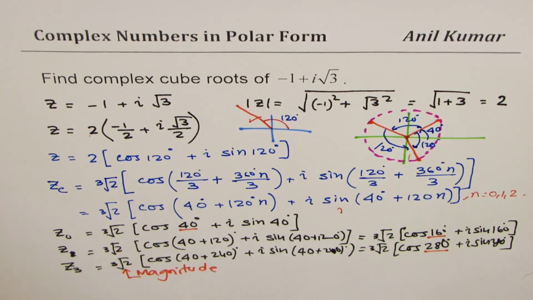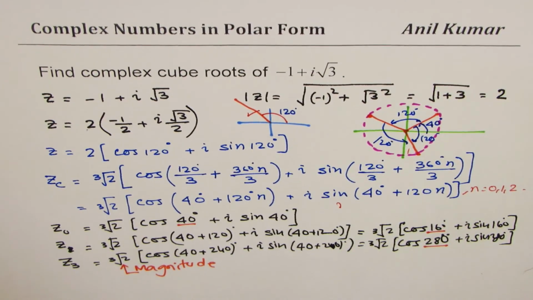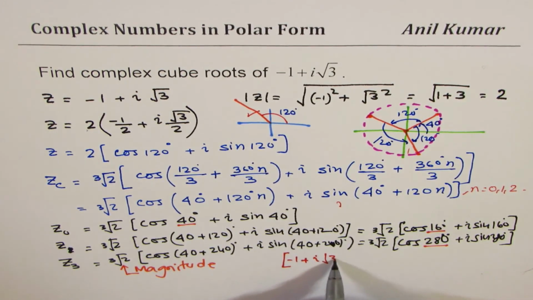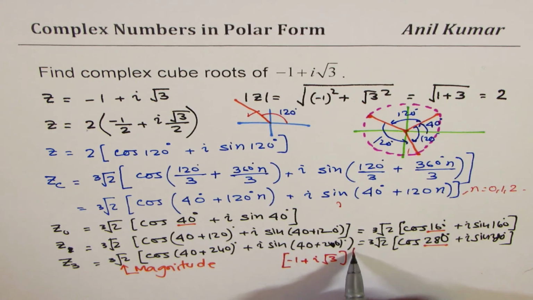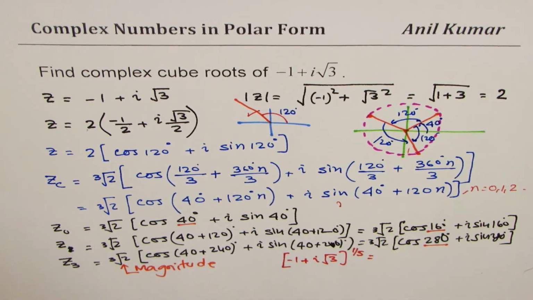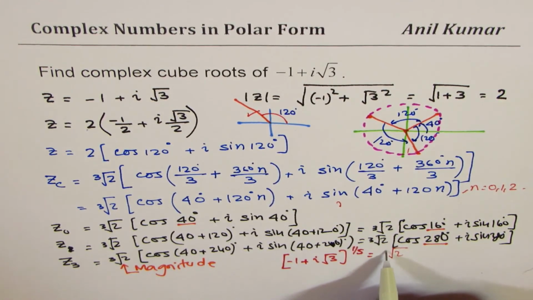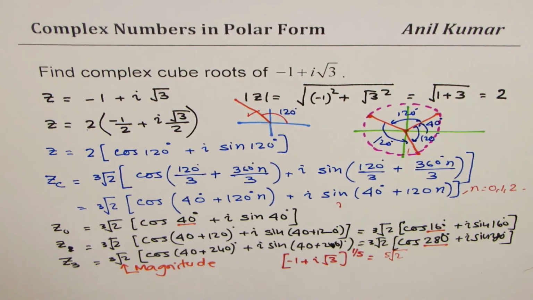So as an exercise, we can extend this to, let's say, the 5th root. If I have to find the 5th root of minus 1 plus i, then what do you expect? Well, we are looking for the same magnitude, that is 5th root of 2, right?